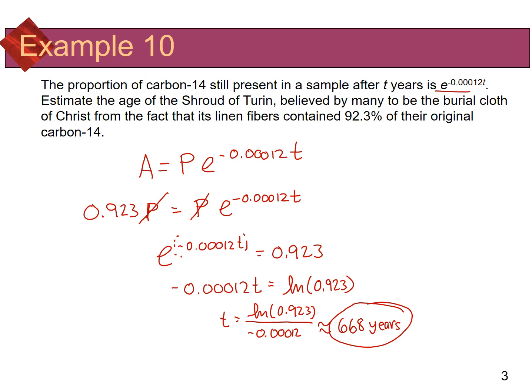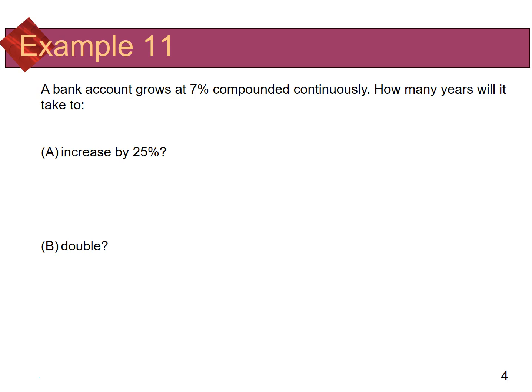So, last example you have. A bank account grows at 7% compounded continuously. That's the interest rate, 7% interest. I did copy this from the textbook, so I should probably say it's interest. It's compounded continuously.